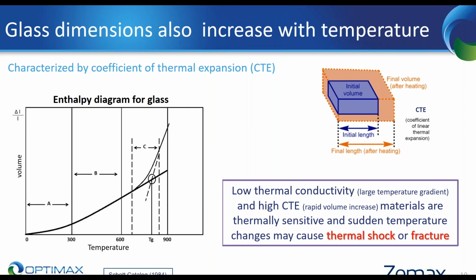I have seen it happen to myself, where I have been holding onto an optic that just gets placed underwater and will crack just due to a very quick thermal change. These are things that we need to keep in consideration, and something that may not necessarily be considered when just looking at the index and the Abbe number.